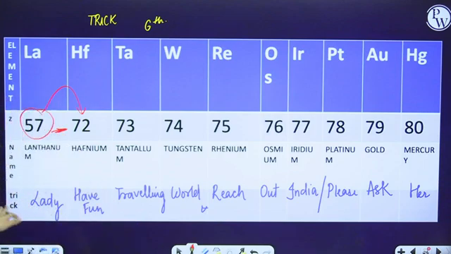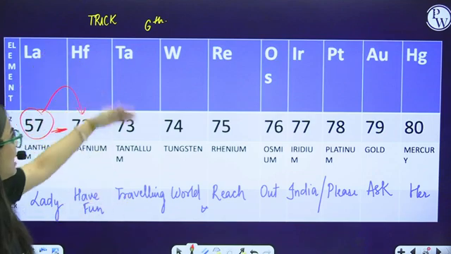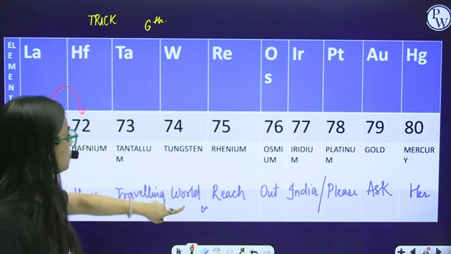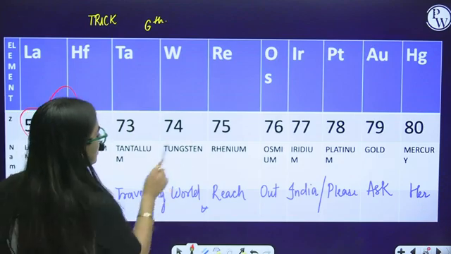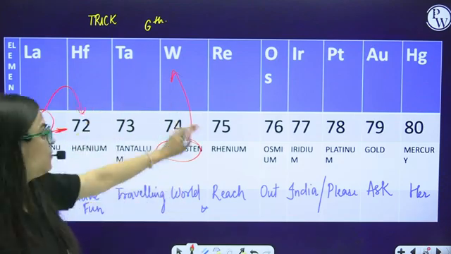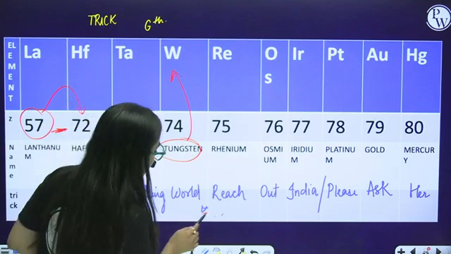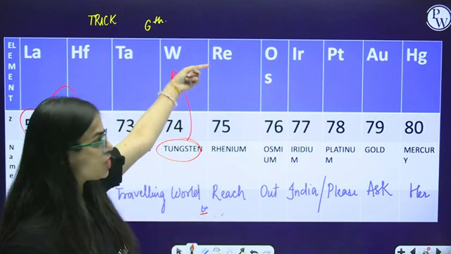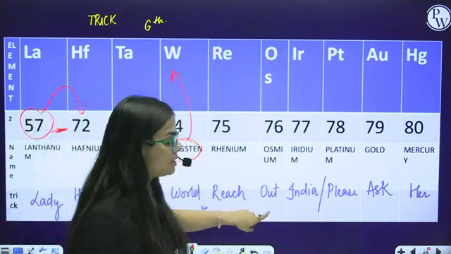So what is the trick in order to remember them? Lady for lanthanum, have fun for Hf, then for traveling it is Ta, tantalum, then for world it is tungsten. See, tungsten starts from T, but the symbol is W. So world is tungsten, then 'and' is an extra word underlining it. Rhenium is reach, Re. From osmium I have written out.